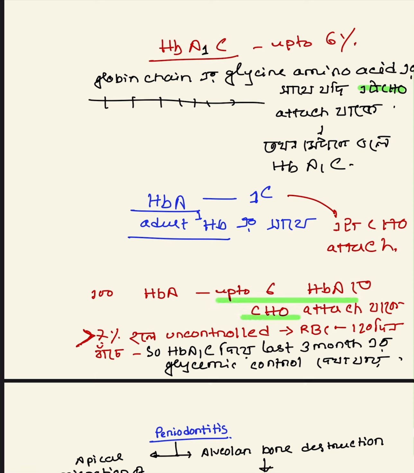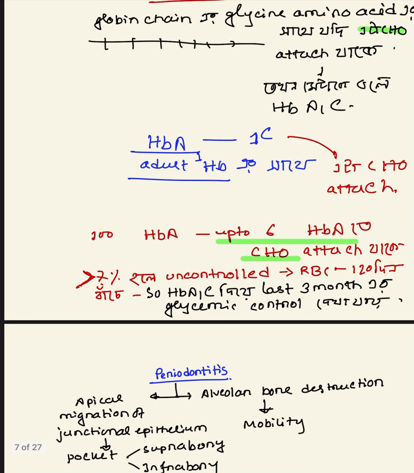If it is more than 7%, then it may be considered as diabetes mellitus. So HbA1c will give the reflection of diabetes for 3 months, because the lifespan of RBC is 120 days.